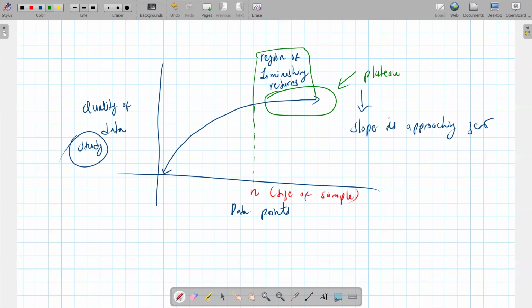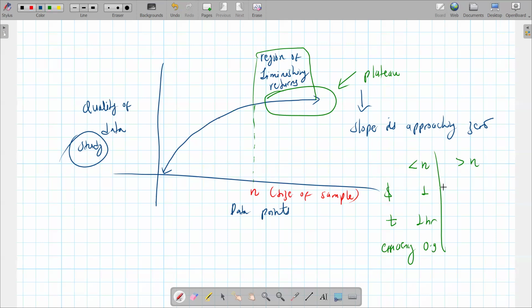So let's say every data point here costs you, for less than n, and then we'll do greater than n. Let's say there's a cost, a time, and an efficiency. For any point less than n, let's say the cost is $1, the time is 1 hour, and the efficiency is 0.9.